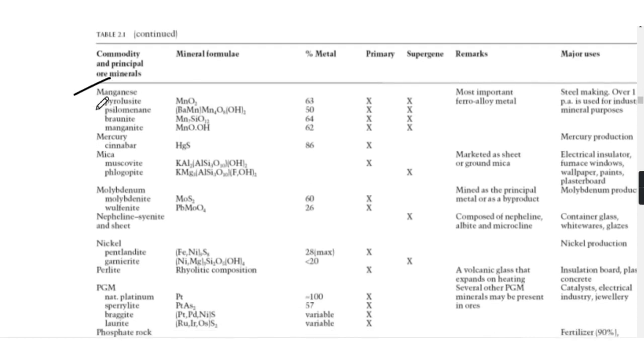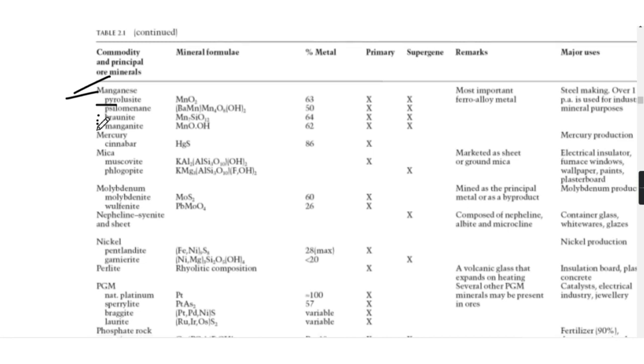Similarly, in case of manganese, it is pyrolusite. It is also asked in the GSI exam. And psilomelane, braunite, manganite. So you can remember this from this table.